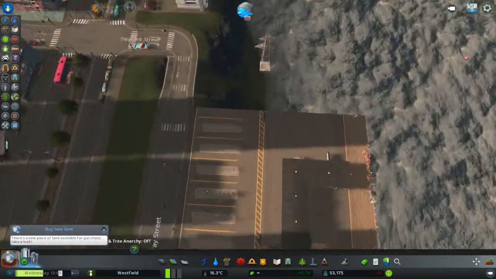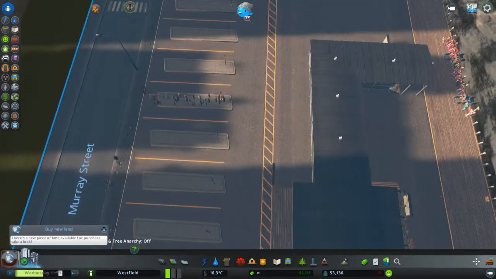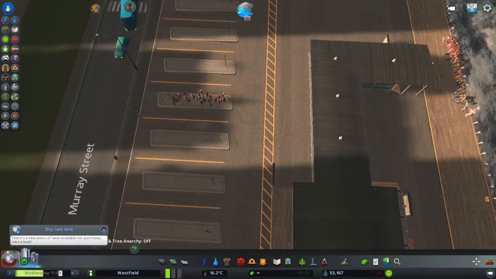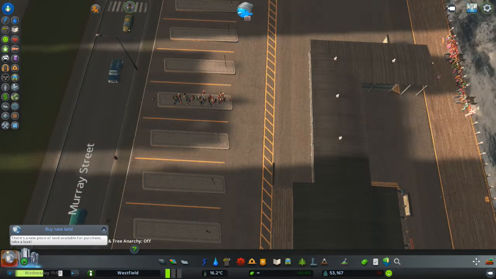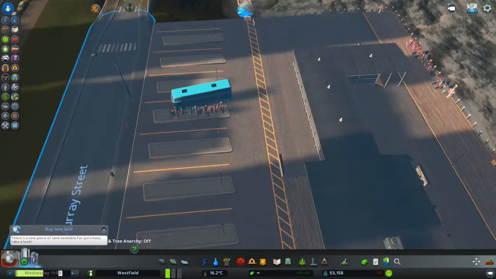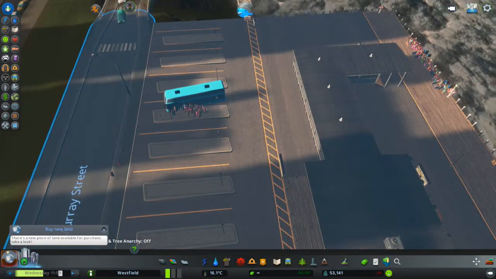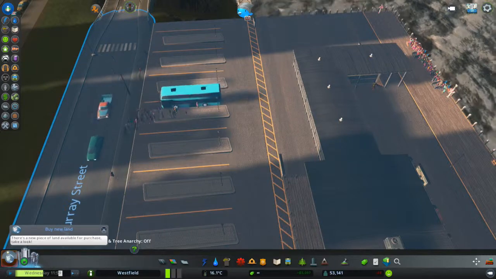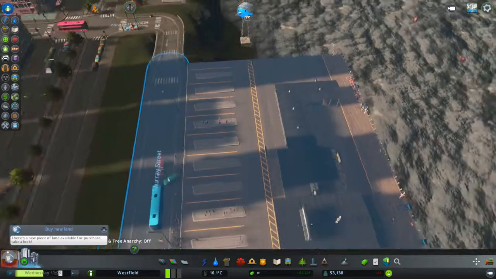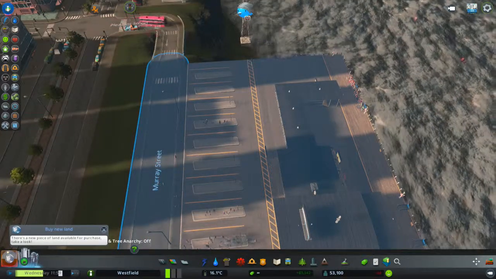There he comes. People waiting at the stop, which is good. Cool. Bit of a swing around there. I think you like that connection. And he's picked up. Hasn't dropped any off. There's a lot of picking up going on, not a lot of dropping off.